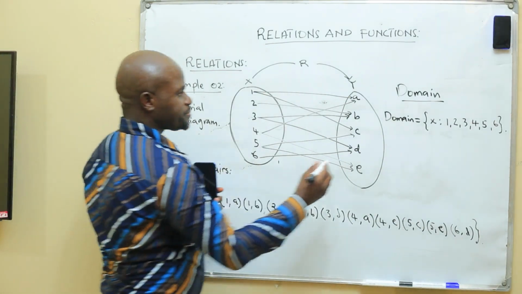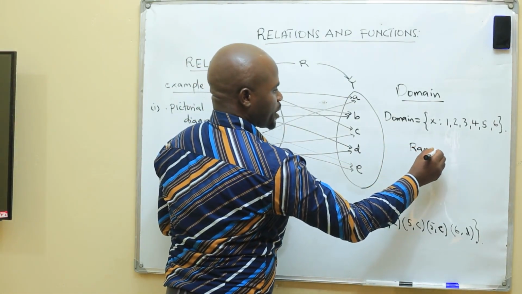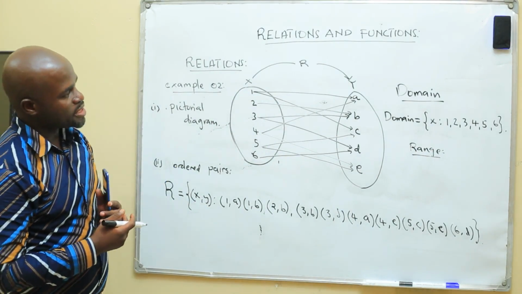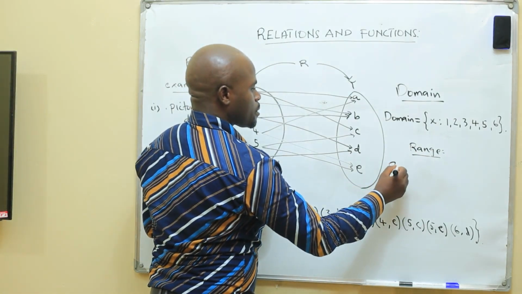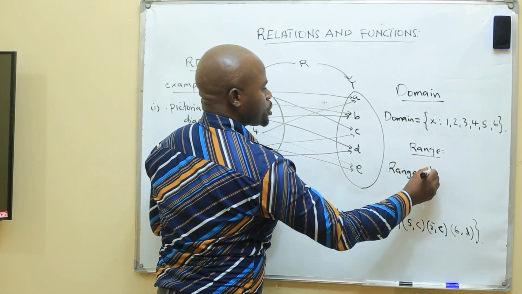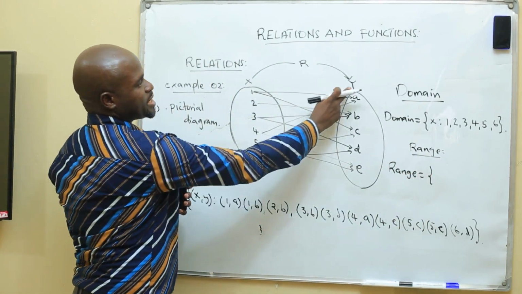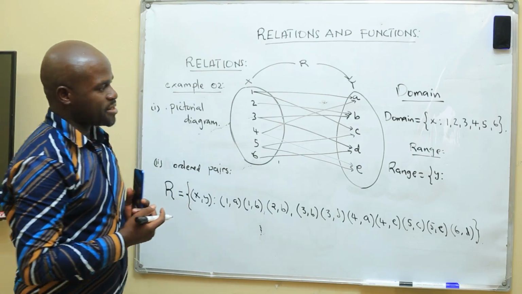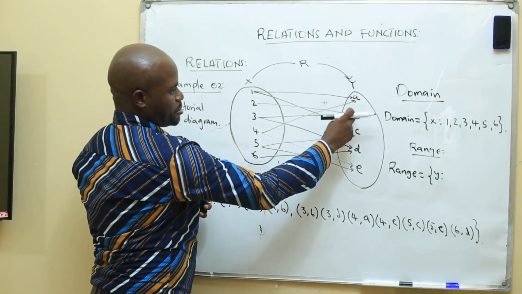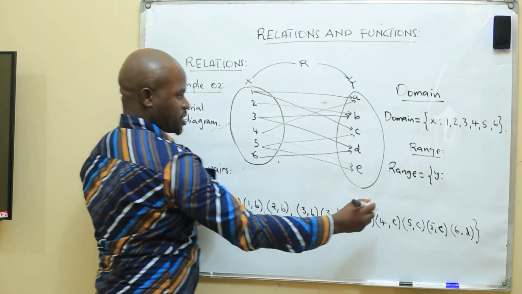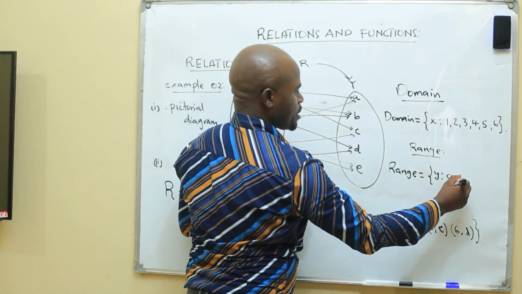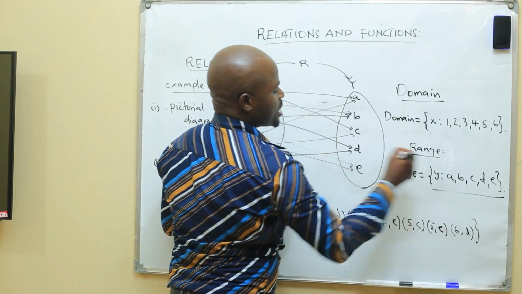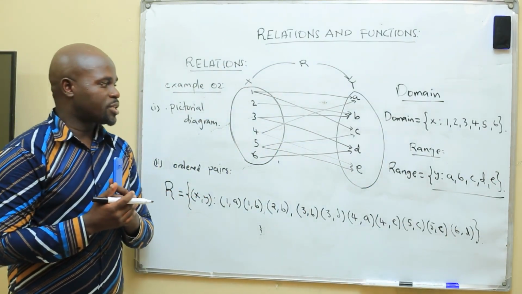And the range. Range are all elements of the second set. According to our example, range is equal to the values of Y, since the second set is the set of Y. The elements which make it are A, B, C, D, and E. So all of these are elements of the second set which make the set of the range.